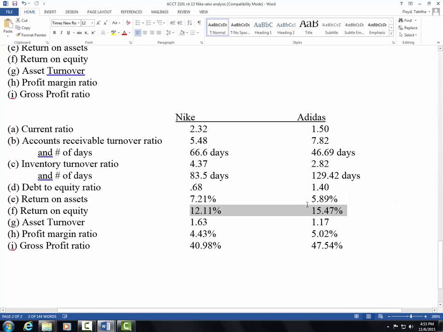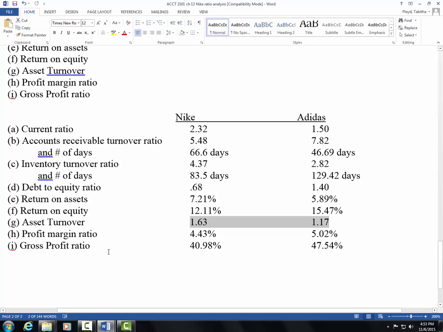Return on equity, this is looking at our return for every dollar of common shareholder stock that we have. Adidas is better there. Asset turnover. How well are we using our assets to generate sales? That's what asset turnover is. They're both pretty good and both really kind of close, but Nike is a little better.